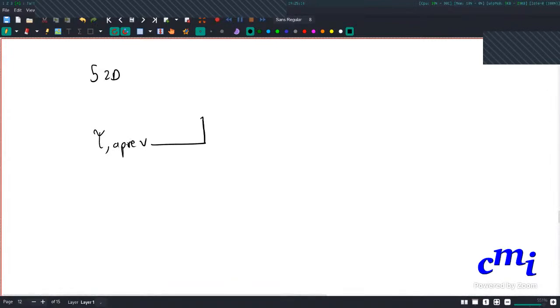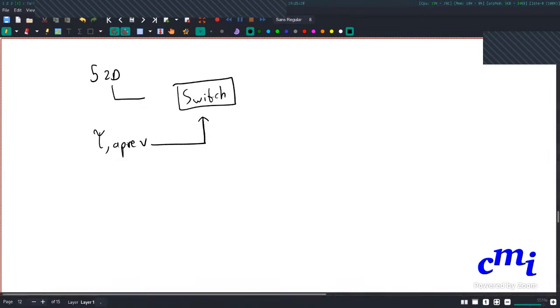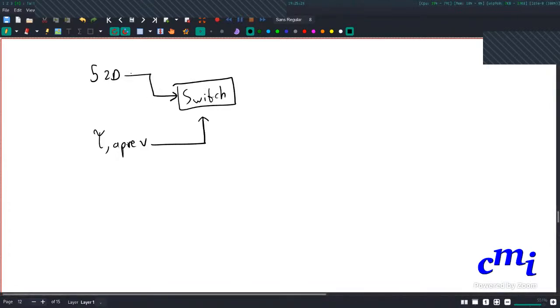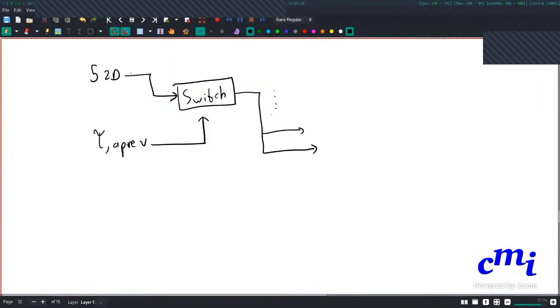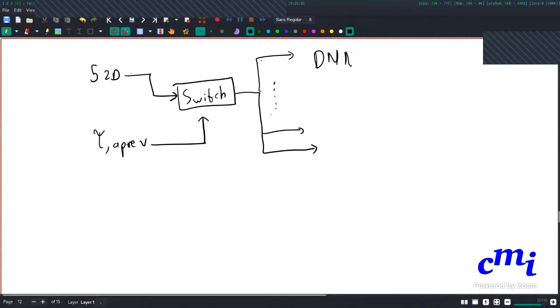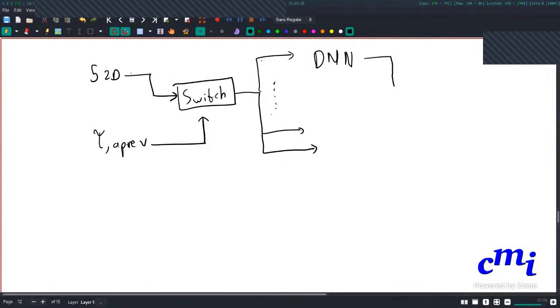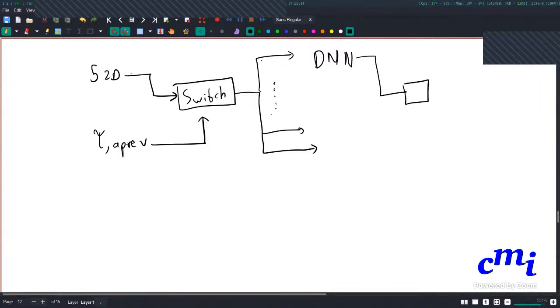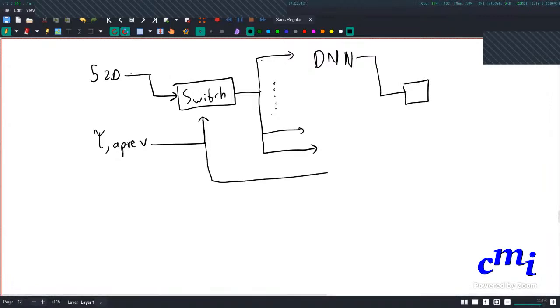This tau and aprev is fed into a switch, which then will basically take the other 2D inputs and send them to one of 45 different DNNs, right? And then again, you choose the output from that particular DNN, which corresponds to the correct tau and aprev value.